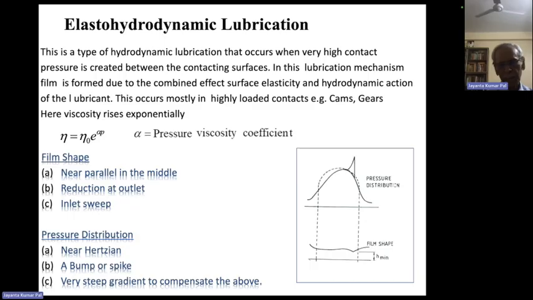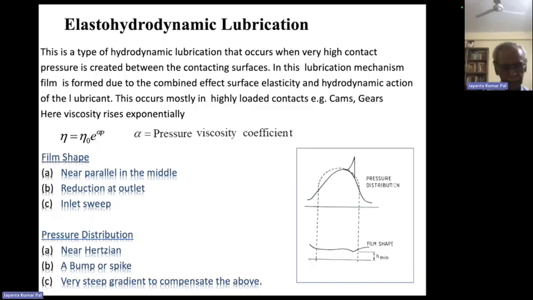And once the combined surface roughness is lower than that h minimum, I think the contact is safe. Now this dip is due to a bump in the pressure distribution.